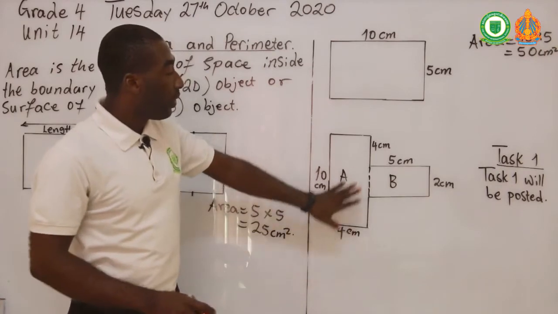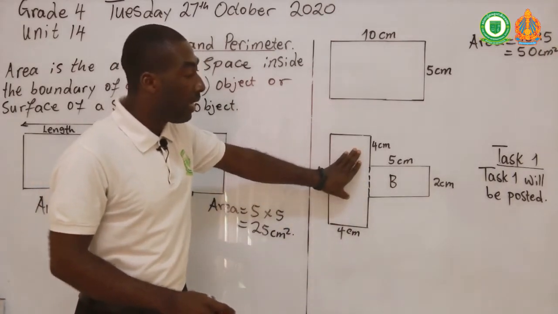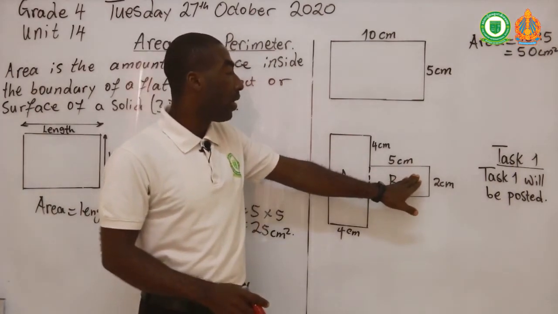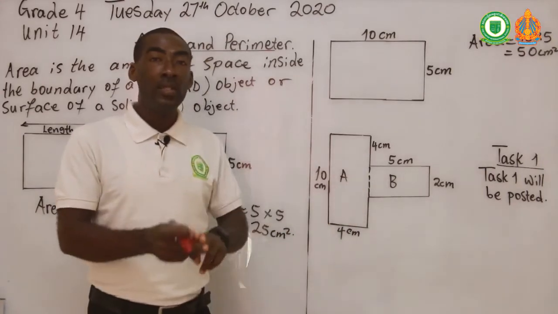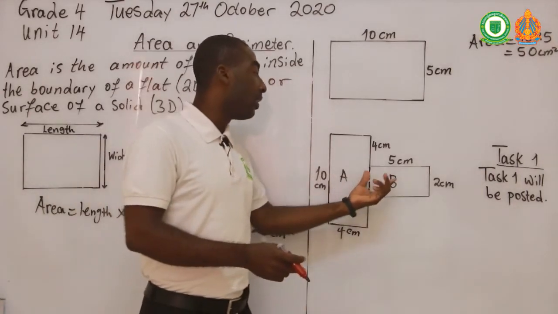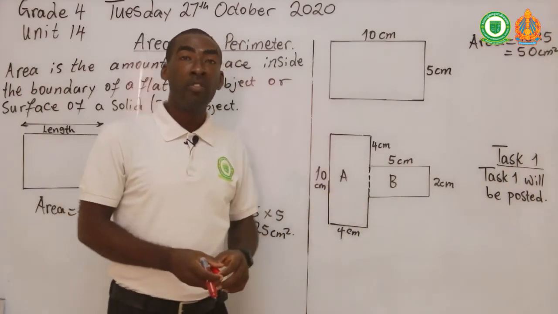So what we need to do is to look for the area of this rectangle A, and then we look for the area of this rectangle B, and then we add the two together. That will give us the total area size of our composite figure.